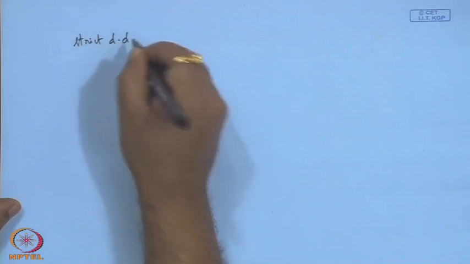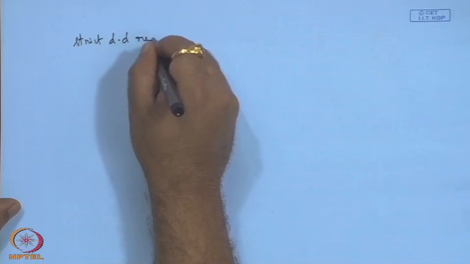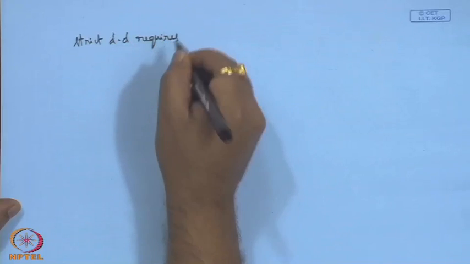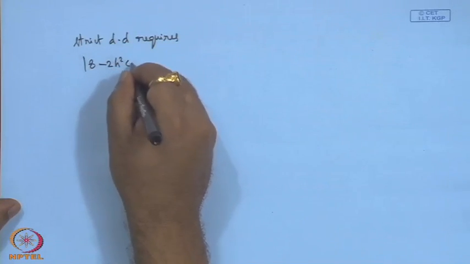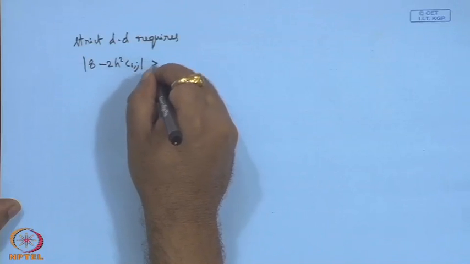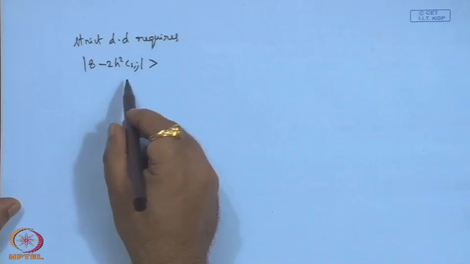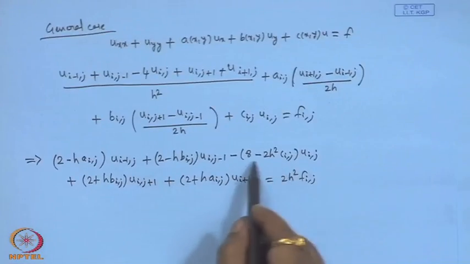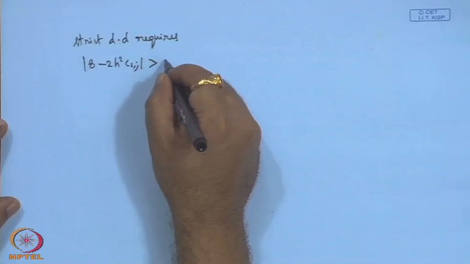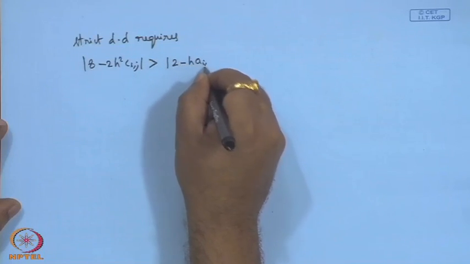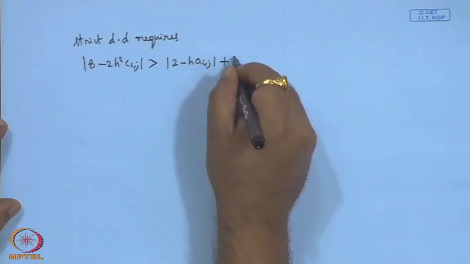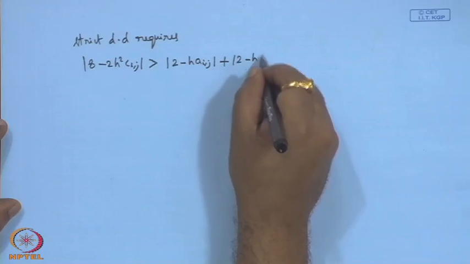one can show that strict diagonal dominance requires, because this is the diagonal term coefficient of u I j. So, for strict this has to be greater than the sum of the modulus of these numbers in that row.